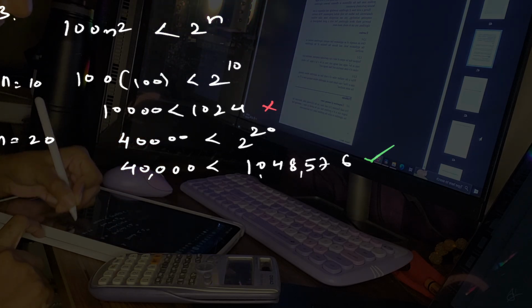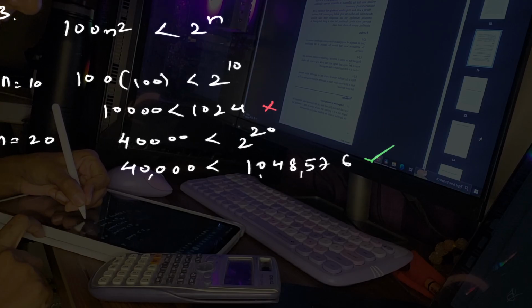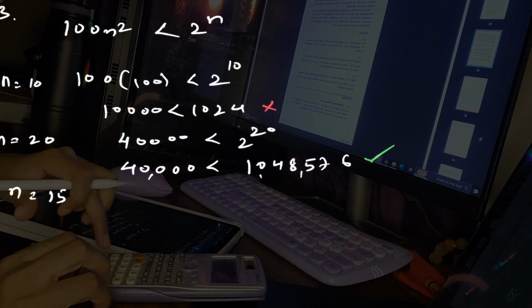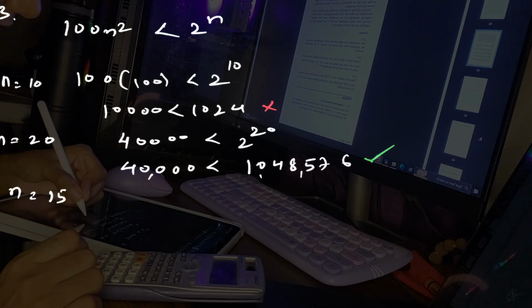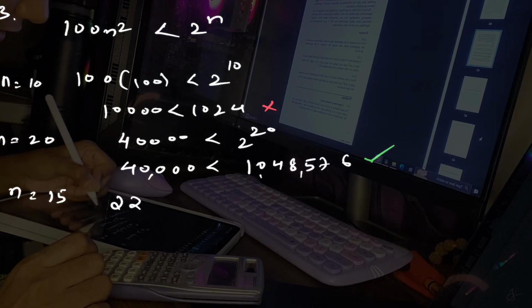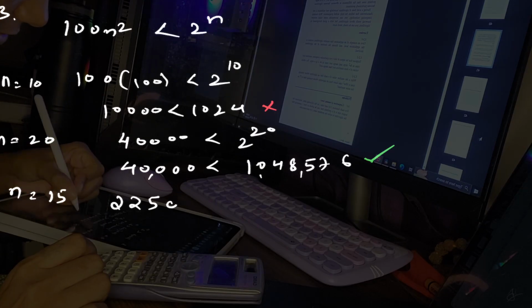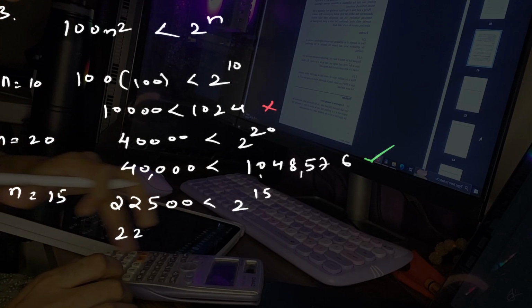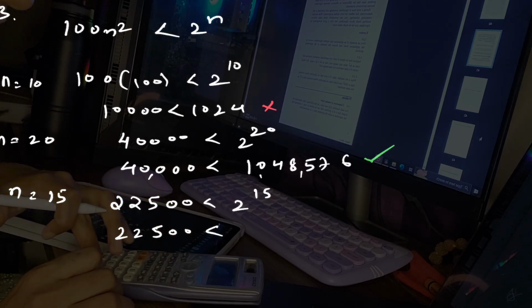Let's try with 15. n equals 15. I know 15 square is 225, so 22500. Is it less than 2 to the power of 15?